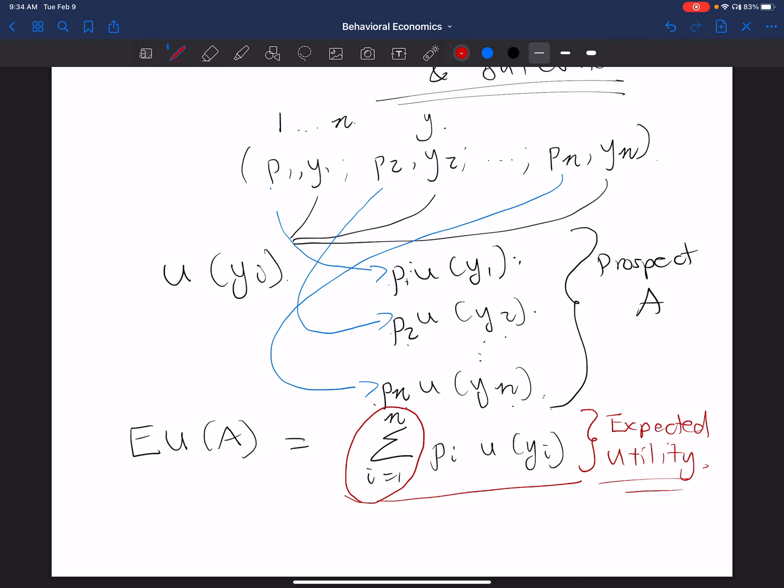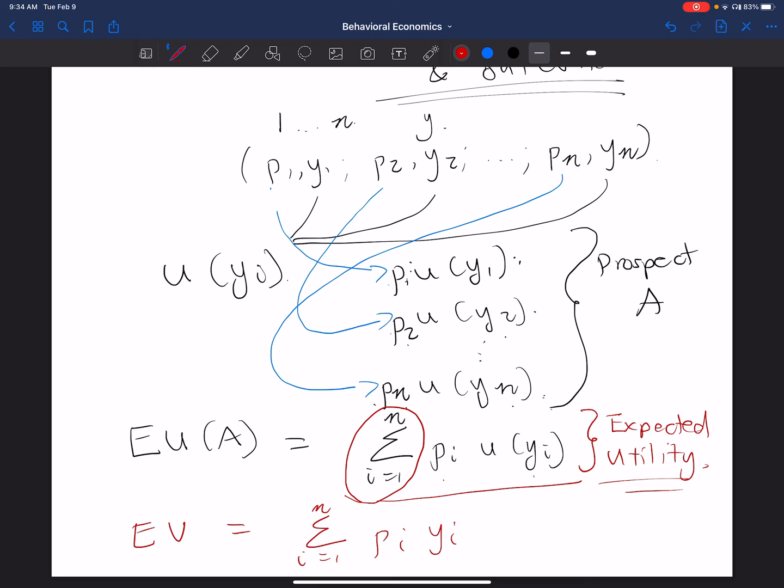Now, just a reminder, you've probably seen expected values before, and we'll be using that idea as well. But the important thing with an expected value is that we're just talking about pi times yi. So an expected value, EV, would be summing from i equals 1 to n the probability of an outcome times the outcome itself.